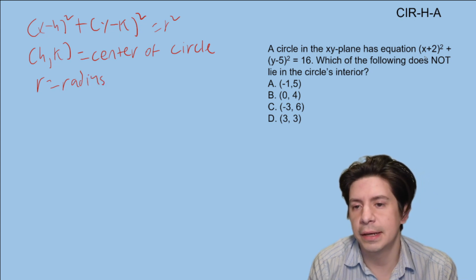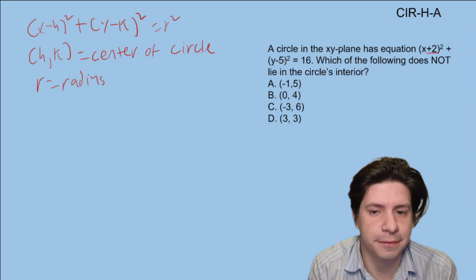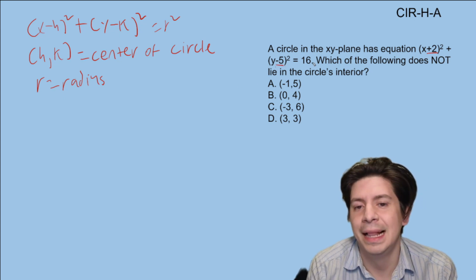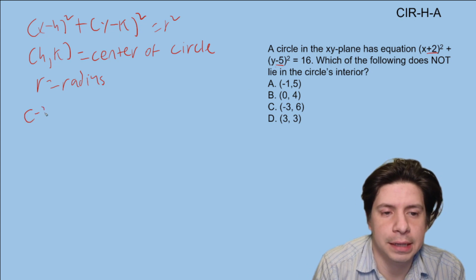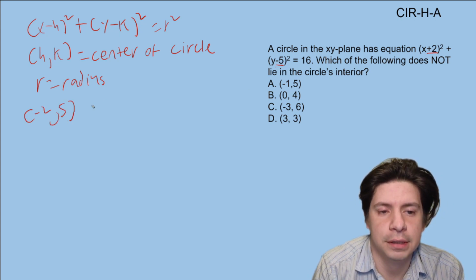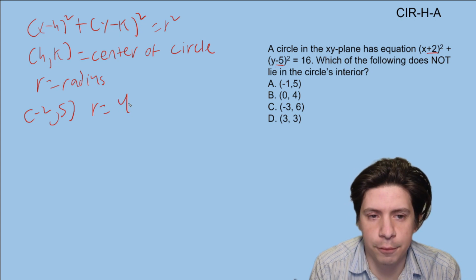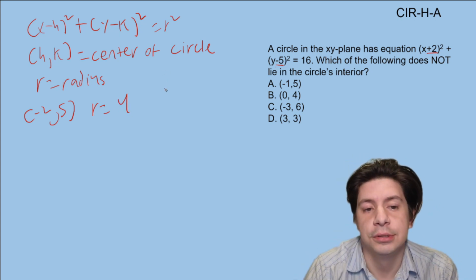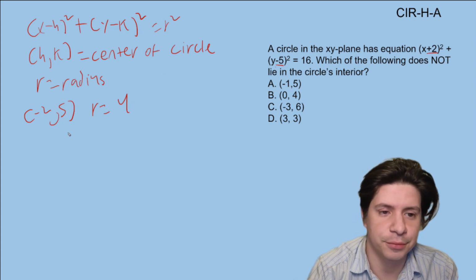So here, our center is going to be the opposite of positive 2, so it'll be negative 2, the opposite of 5 will be positive 5, and then the square root of 16 is 4. So here we're going to have negative 2 comma 5 with a radius of 4. Okay. So the important thing to know is how far apart each point is from the center, right?